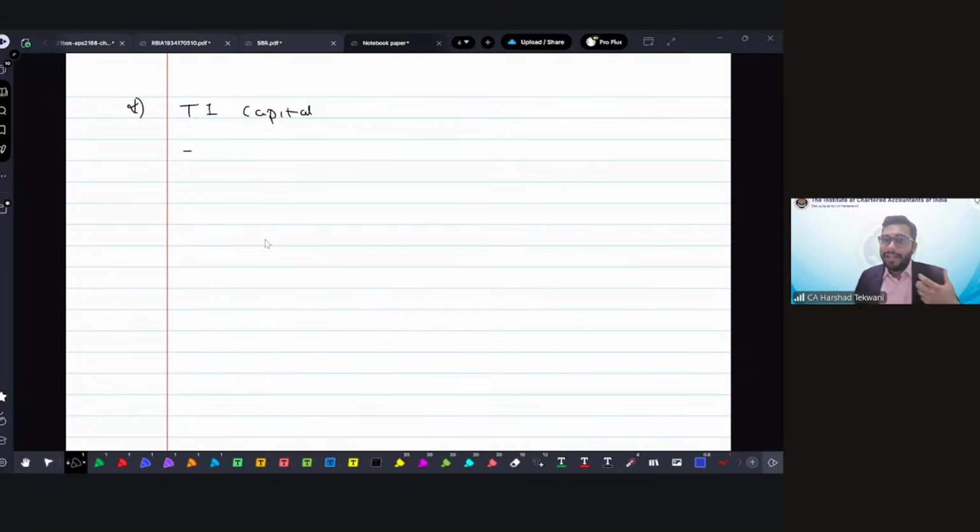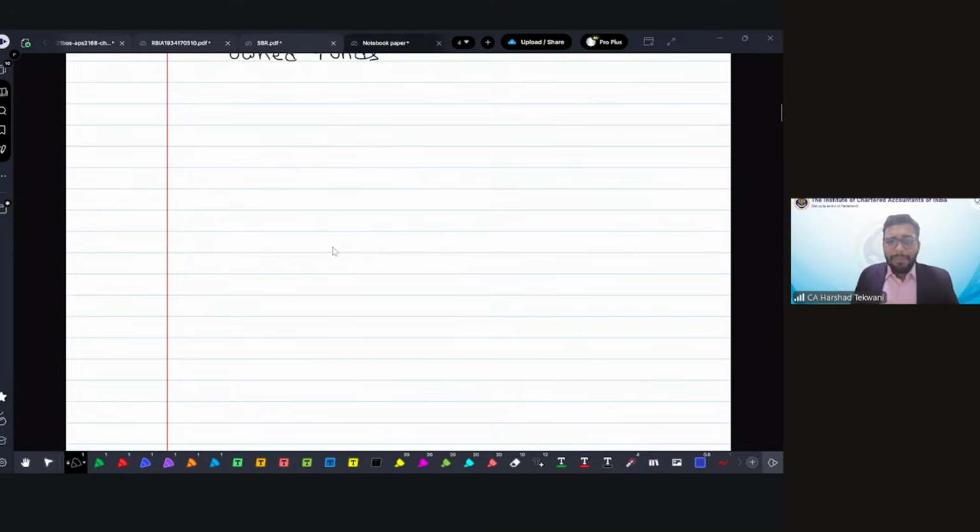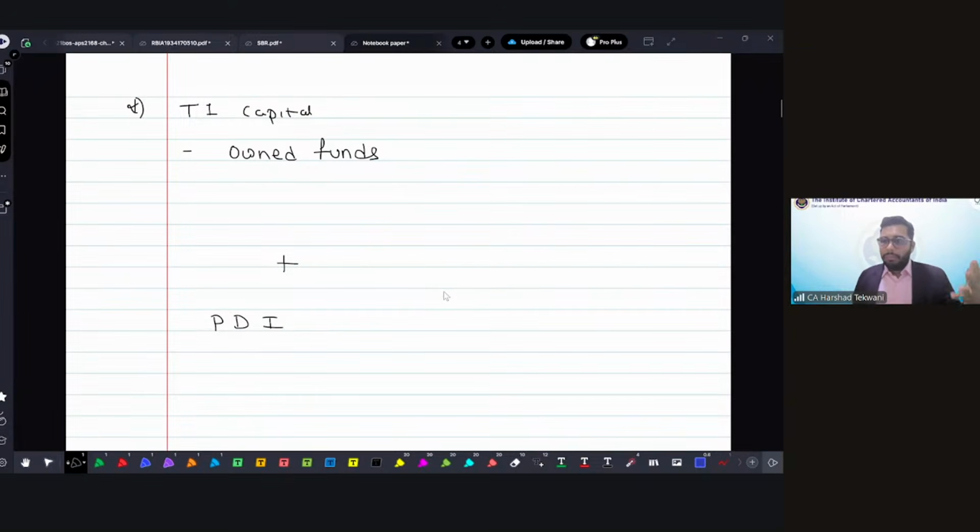There are two items that are required to be added to get the T1 capital. One is own funds, and then I'm required to add perpetual debt instruments. Once I add these two things, I'll get the tier one capital.